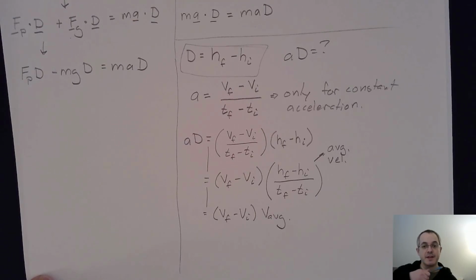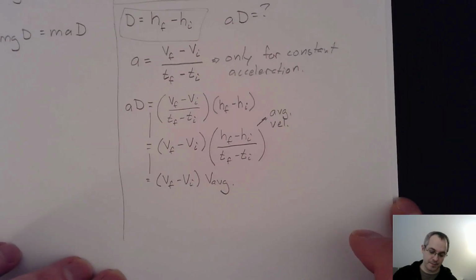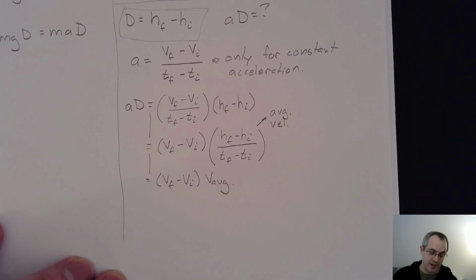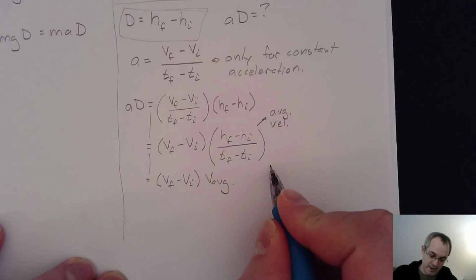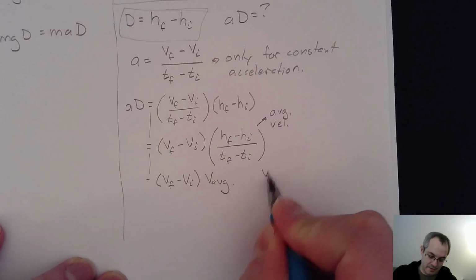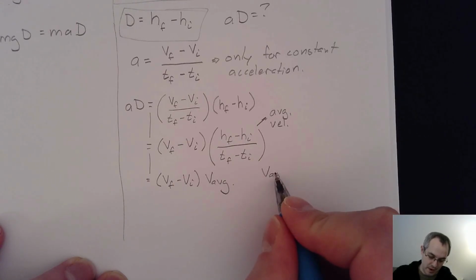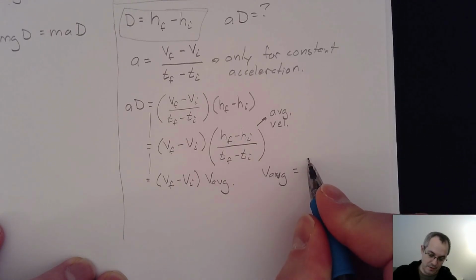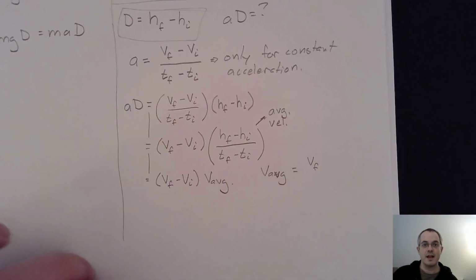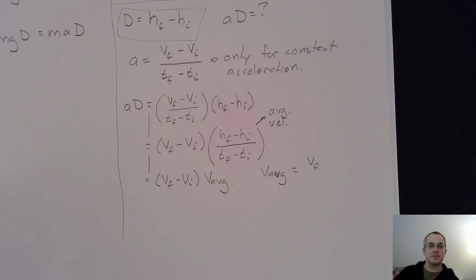What we can also say is that as long as we have constant acceleration, again, we have to have constant acceleration, then we know that the average velocity is equal to literally the average of the velocities: the final velocity plus the initial velocity divided by 2, right?